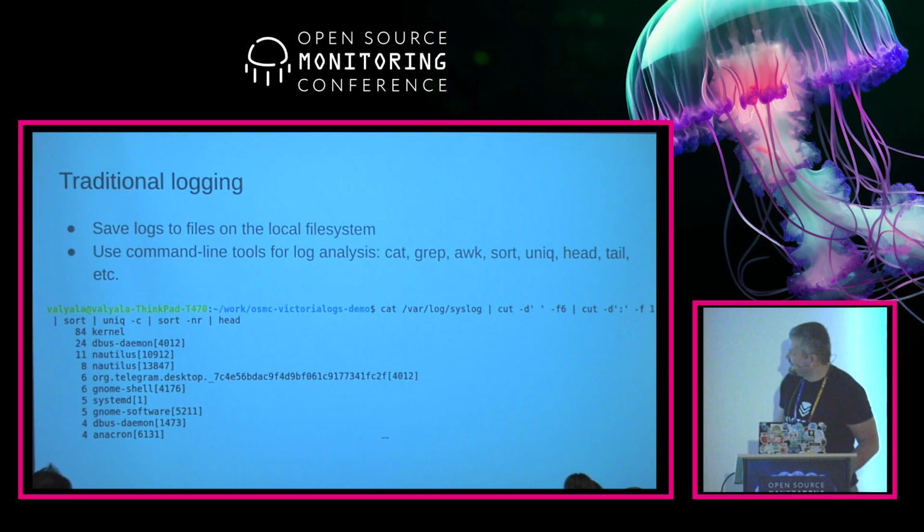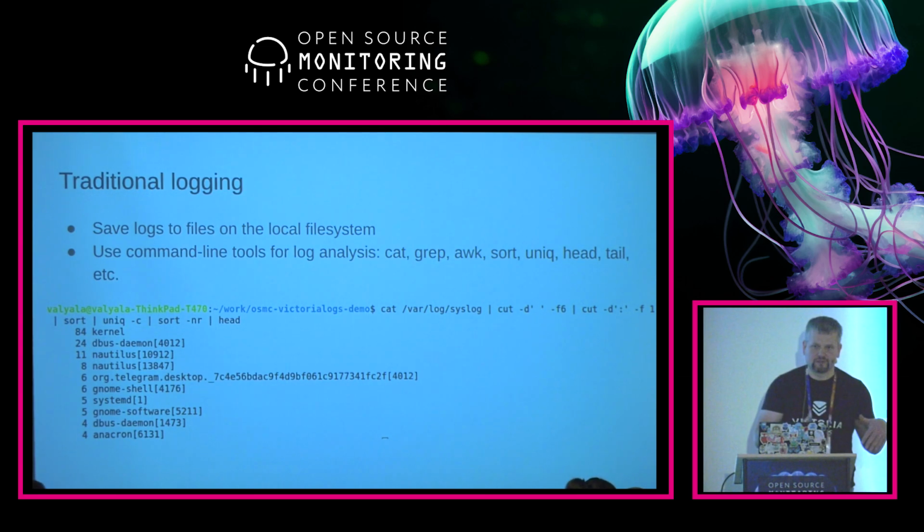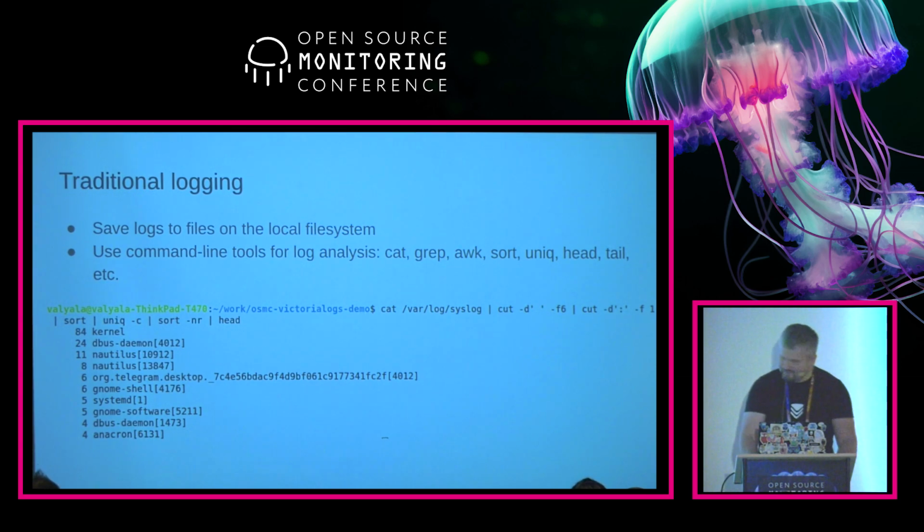Here is an example of how to use some bash piping, bash foo, to get the top applications which write the most logs into var log syslog. On my laptop, you can see that most logs are generated by kernel and dbus daemon. I don't know what this is, but some kind of dbus daemon.